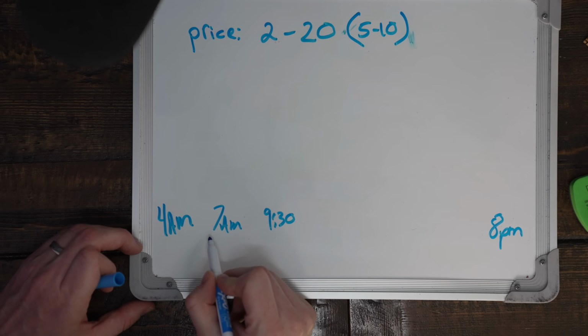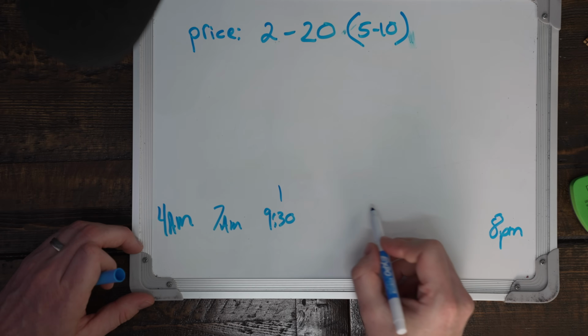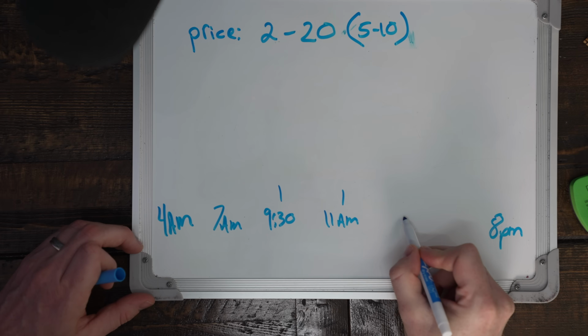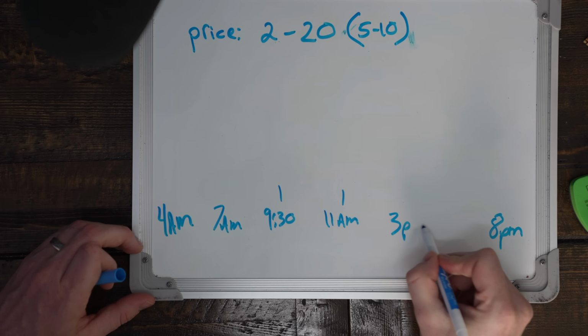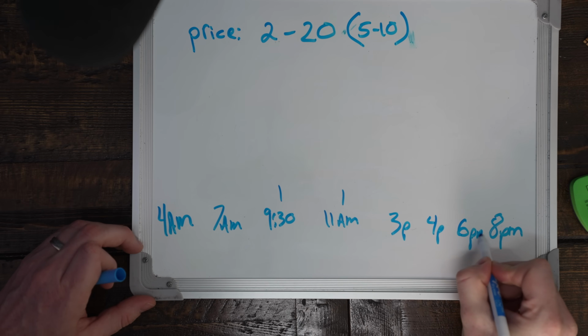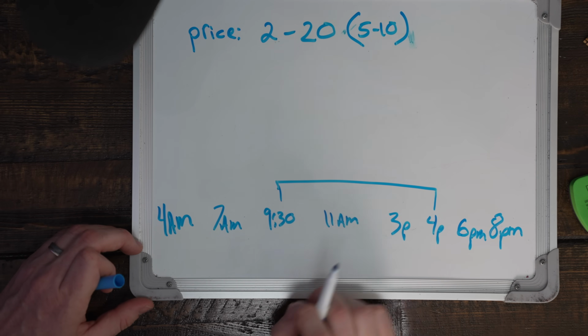They don't even let you trade before 7 a.m. 9:30 is the official opening bell. And then we have sort of 11 a.m., which is when things start to cool off. And then we've got 3 p.m., and then 4 p.m., and then I'd say like 6 p.m. So in this window here, these are the official market hours.